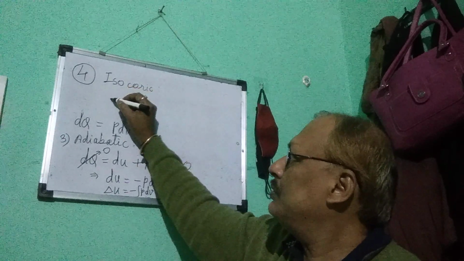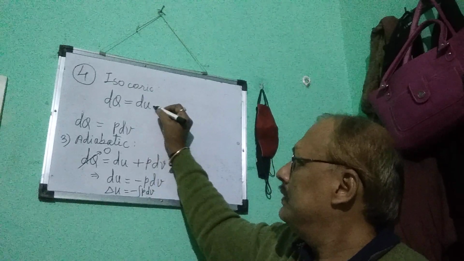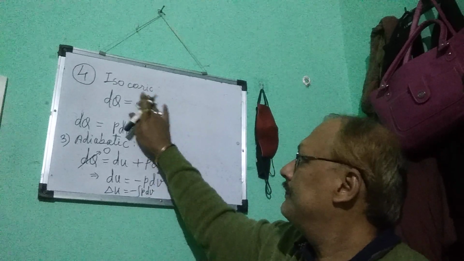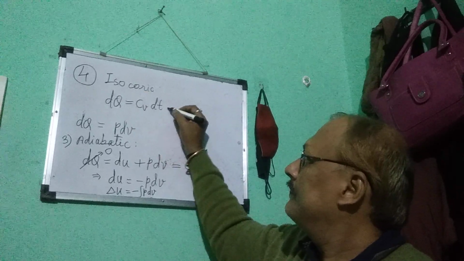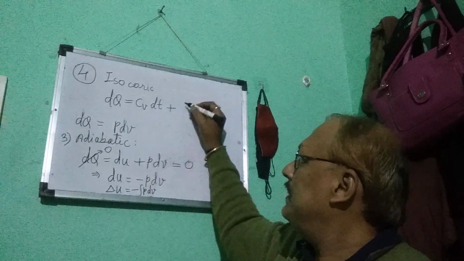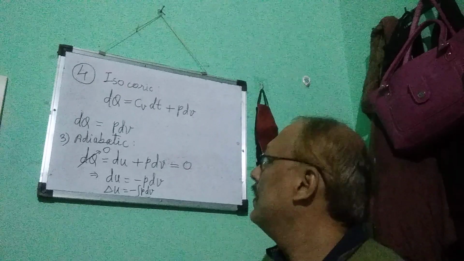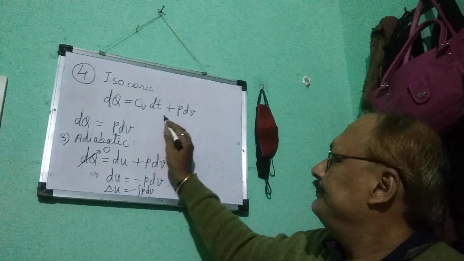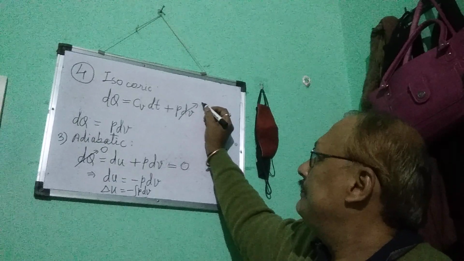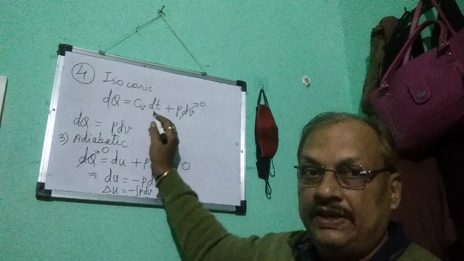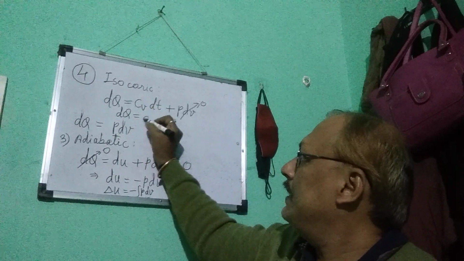So dq = du, or cv dT, plus pdv. So this dv term will be 0. So dq = cv dT, or dq = du.